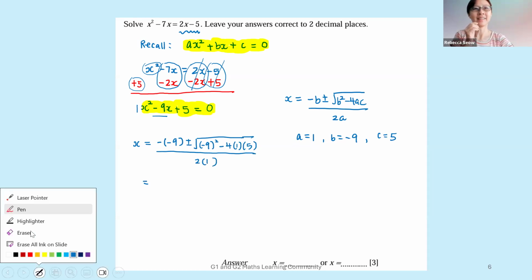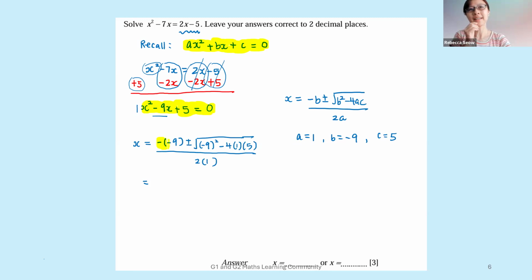Okay. And let's simplify the expression. The highlighted parts, we're going to simplify them. So negative sign multiplied by negative 9, I'll end up with a 9.